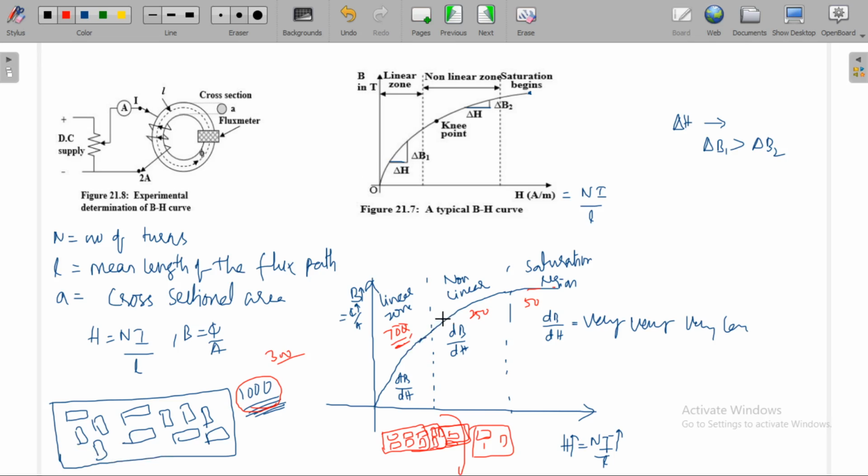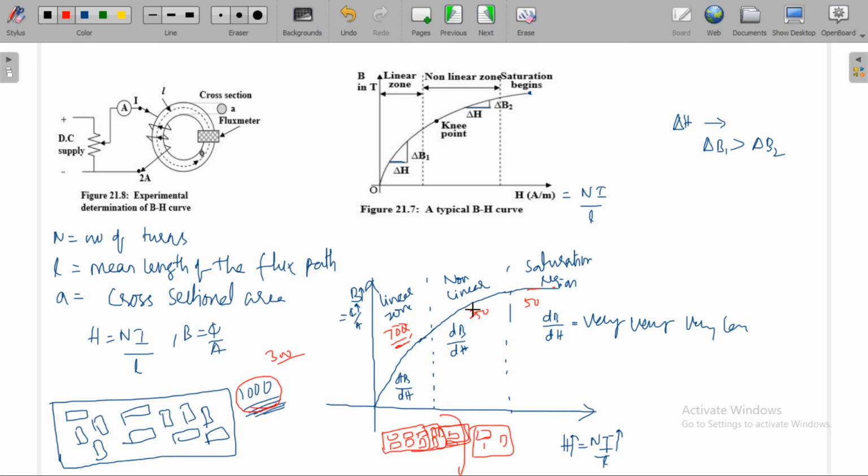Okay, coming to this region, only some domains are present for alignment. So the rate of alignment of randomly distributed domains is less in this region.